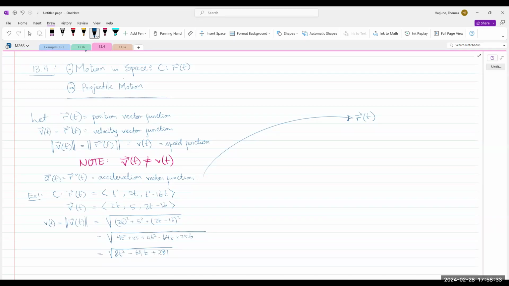Of course, once we get the speed function, we may ask this question: find the minimum speed.